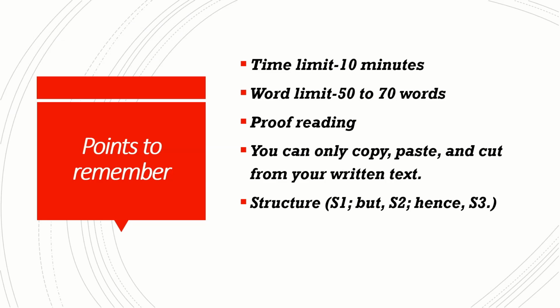The first sentence can be the first line, and the second sentence can be the middle line. After writing the second sentence, put a semicolon, then give a space, then write the connector hence. After hence, put a comma and give a space, then write sentence 3. Sentence 3 can be the last line of the paragraph, or it can be the second last line of the paragraph.